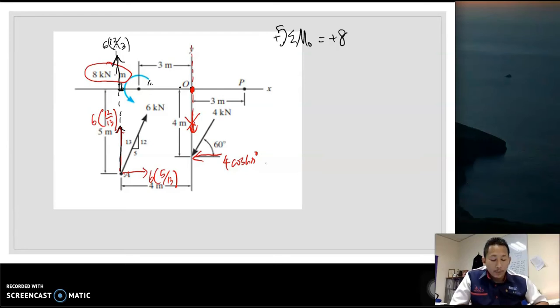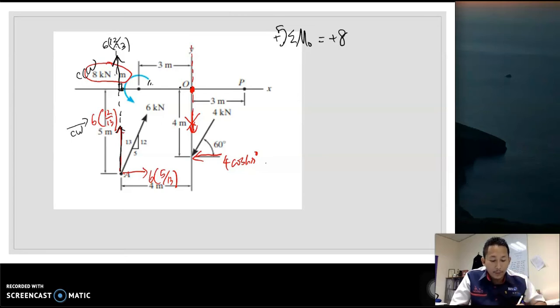For this one, we have 8 kilonewton that moves counterclockwise, so it is positive. And then we have 6 times 12 over 13. When we fix at O, it is moving clockwise, so it is negative.